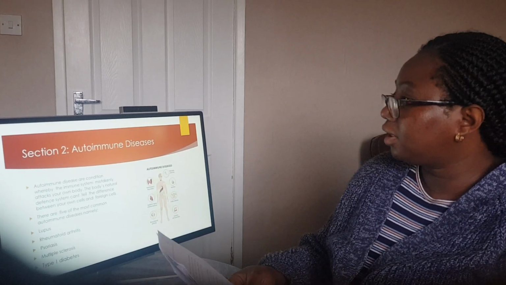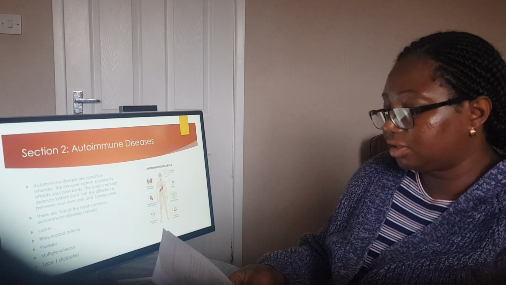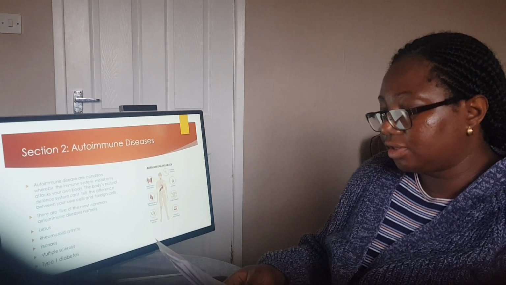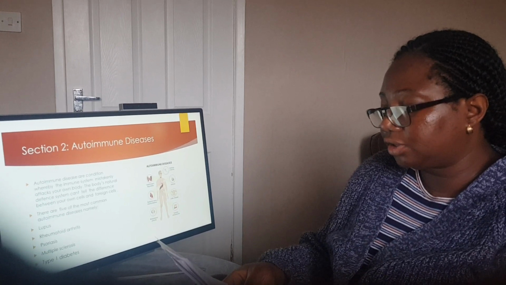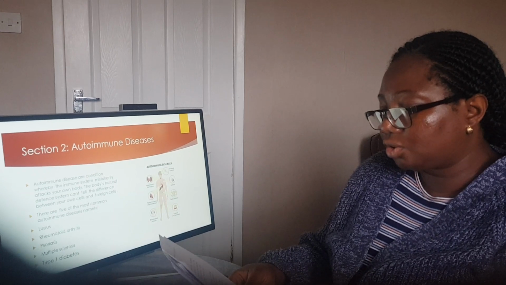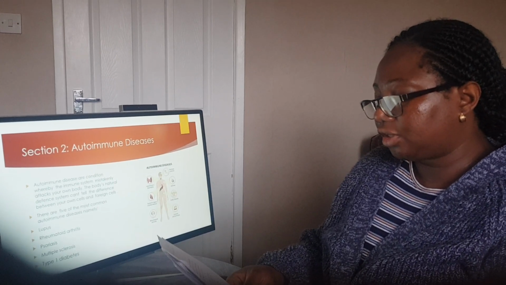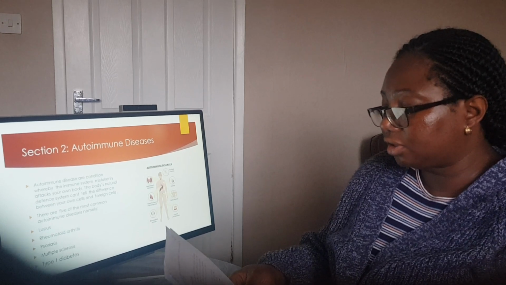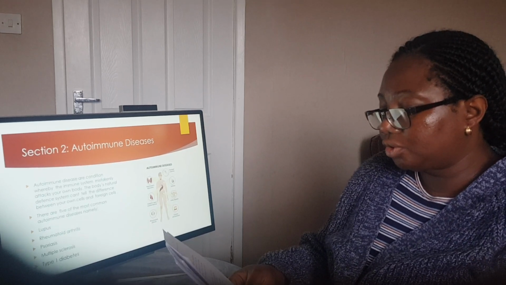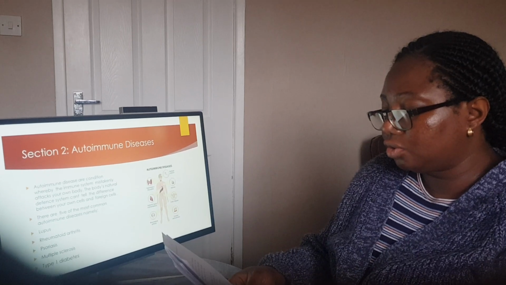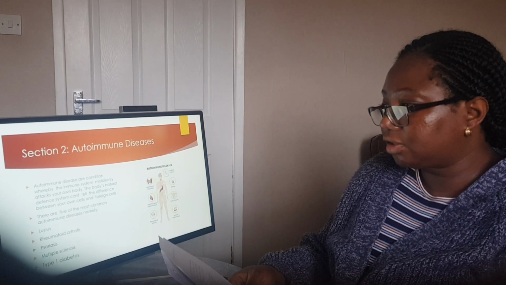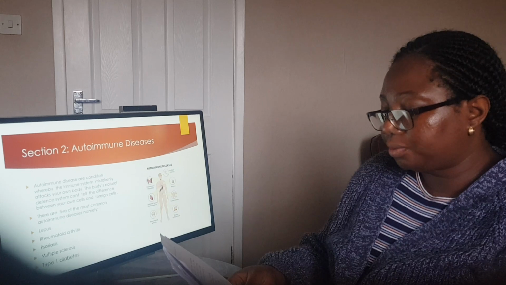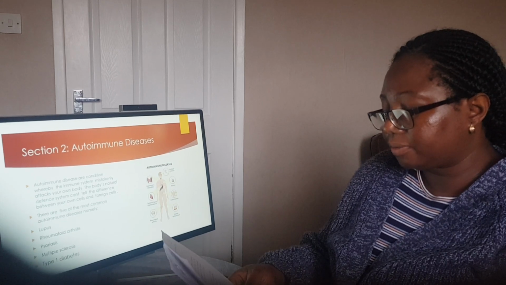Section 2, we're looking at autoimmune disease. Autoimmune diseases are conditions whereby the immune system mistakenly attacks your own body. The body's natural defense system can't tell the difference between your own cells and foreign cells. There are 5 of the most common autoimmune diseases, namely lupus, rheumatoid arthritis, psoriasis, multiple sclerosis.